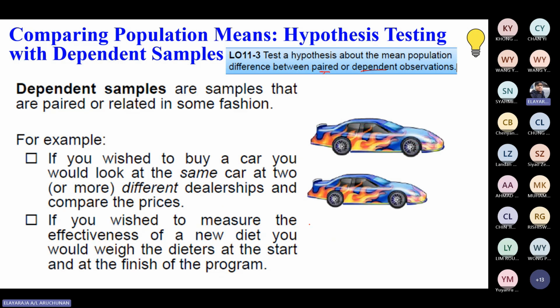You check the number of students taking an exam before the revision of business statistics, get the result, and then compare it with another set of data after they have done the revision. So we have two sets of data, but the two sets have a relation, which is before and after. These are dependent samples.